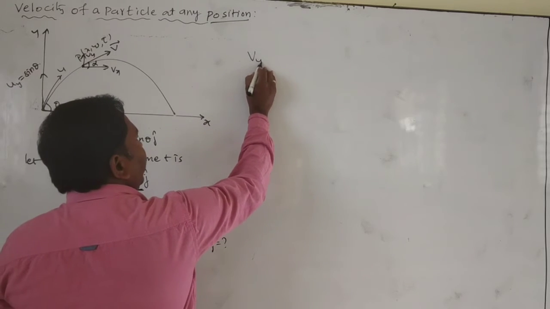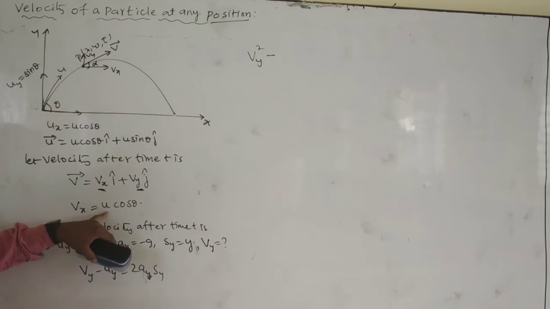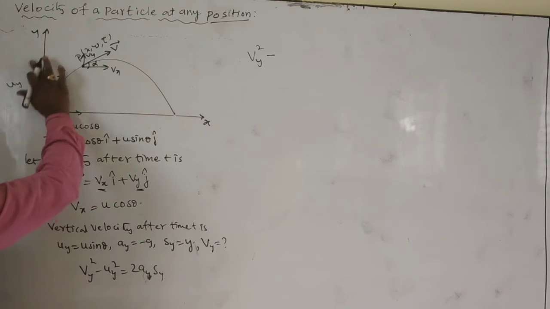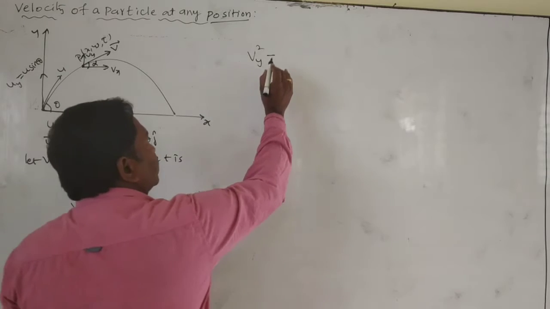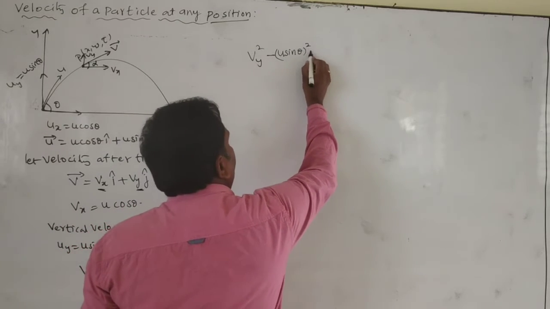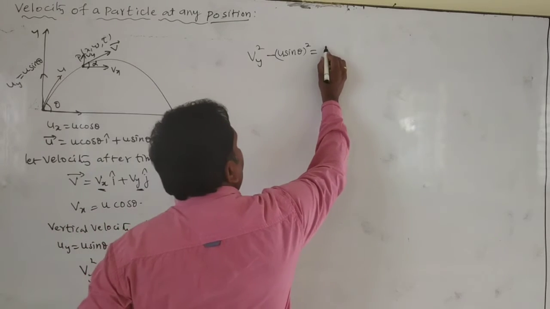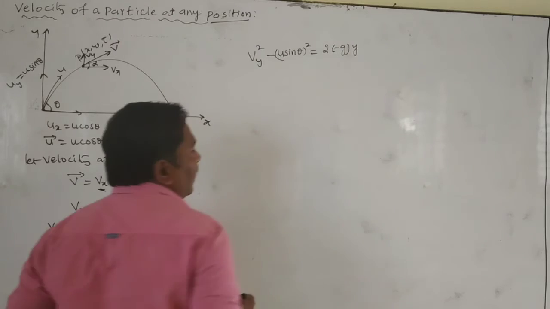So vy square minus, what is the initial vertical velocity? U sin theta. So (u sin theta) whole square equals 2 into minus g, into the traveled y distance.